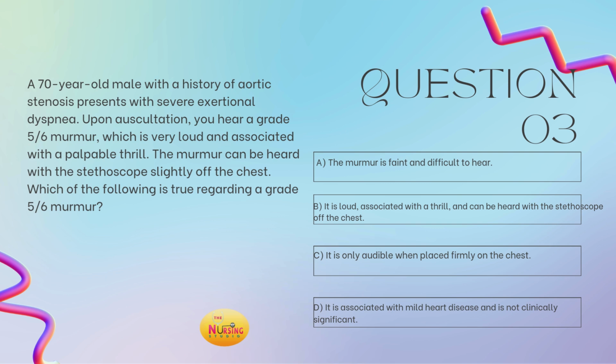Grade 5, we still have a palpable thrill, as well as in grade 6, but the sound is heard so intensely that you don't even have to have it on the chest. So 5 is slightly off the chest; 6 you can hear it even away from the patient without your stethoscope on the chest. So again, we'll walk through that and go through those things, but I wanted you to see it from a scenario basis so that you can apply it better.